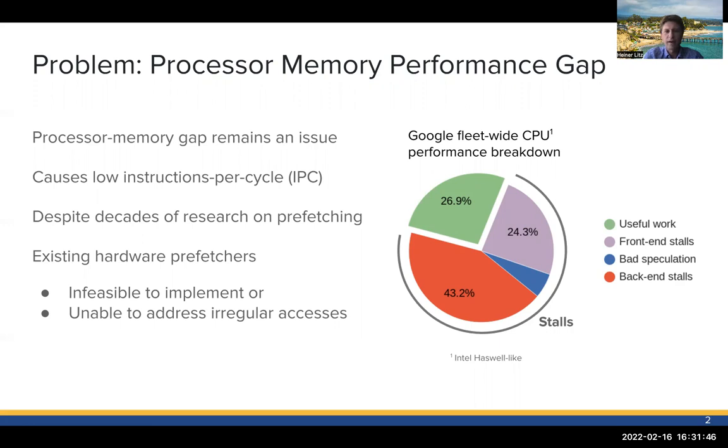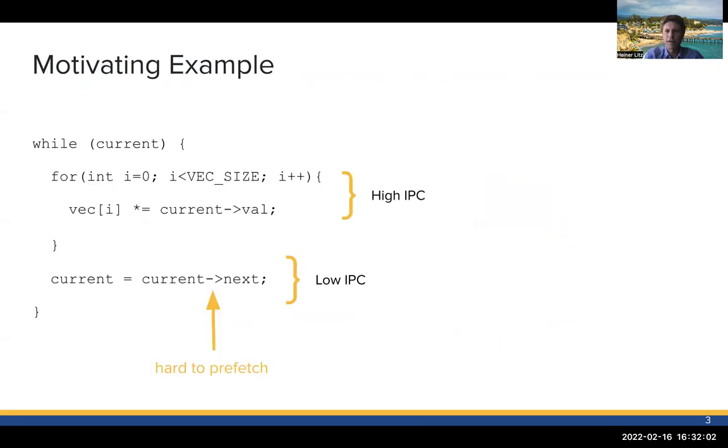And the reason for that is that existing hardware prefetchers are either infeasible to implement due to hardware cost and complexity, or they are unable to address irregular memory access patterns. So let me motivate our work with some example.